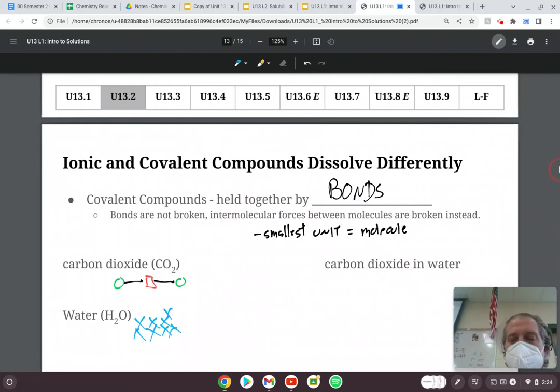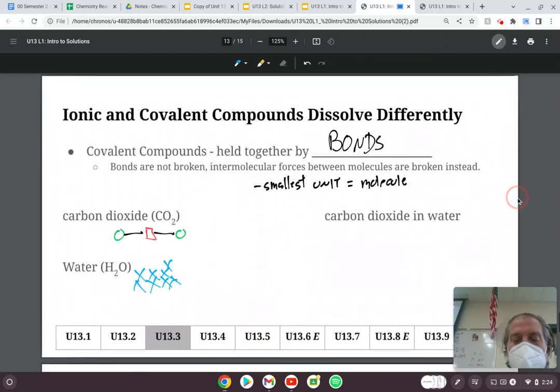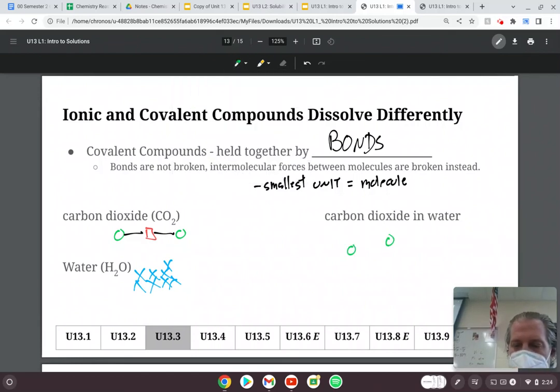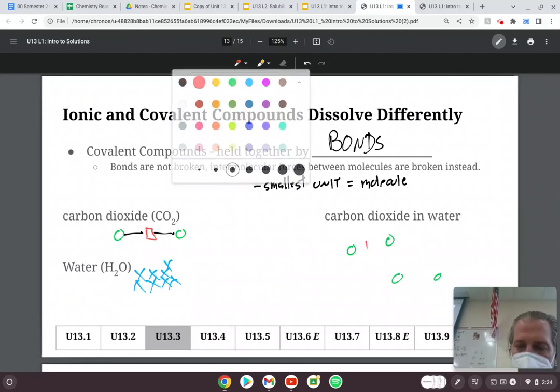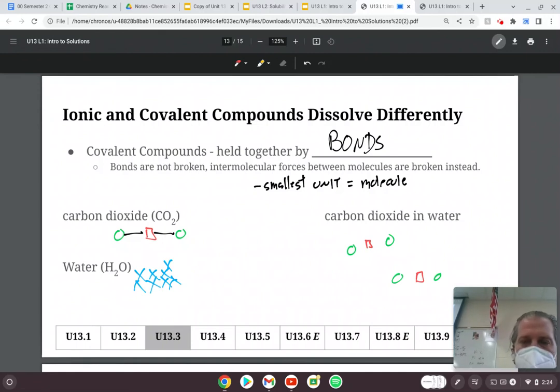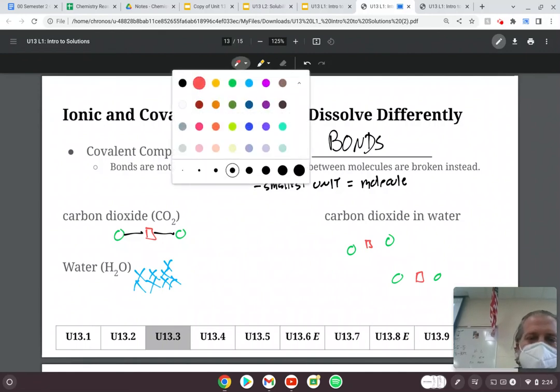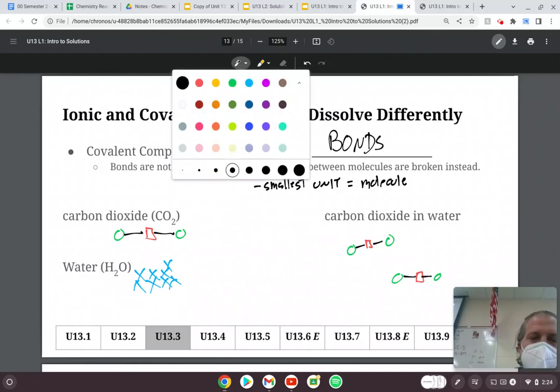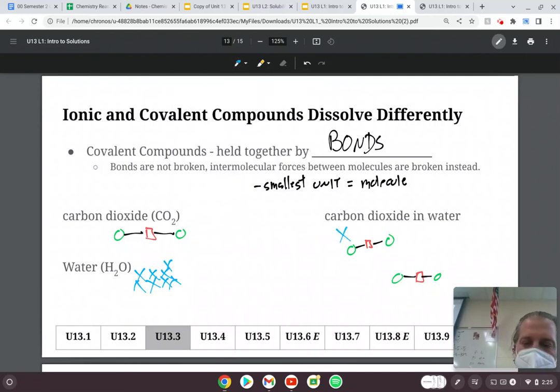And if we draw carbon dioxide into the water, we would draw something that looks like this. That smallest unit stays together and becomes surrounded by water's smallest unit, which in this case would be the molecule of water.